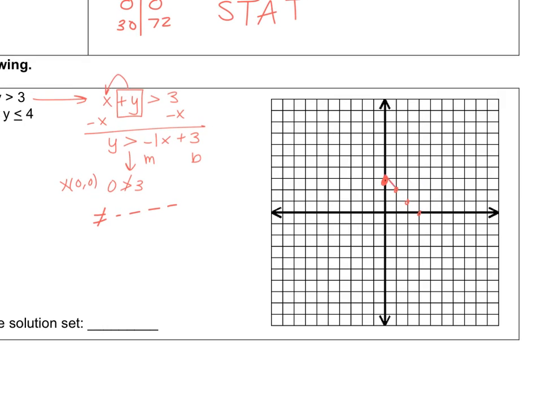So I'm going to dash that line all the way down to show that it's not equal. Okay, and then 0, 0 is not a part of my solution set because we already said that was a false answer. So then I'm going to shade up above, where 0, 0 is not a part of my solution.